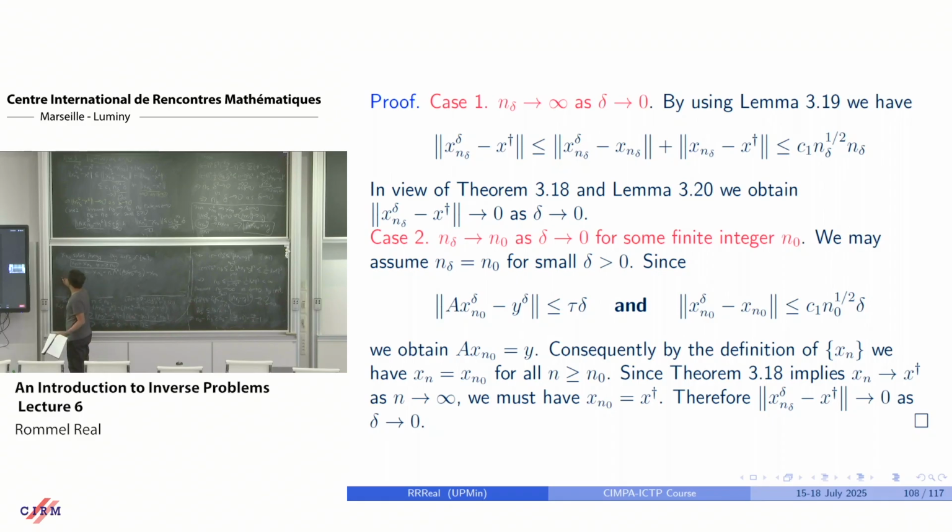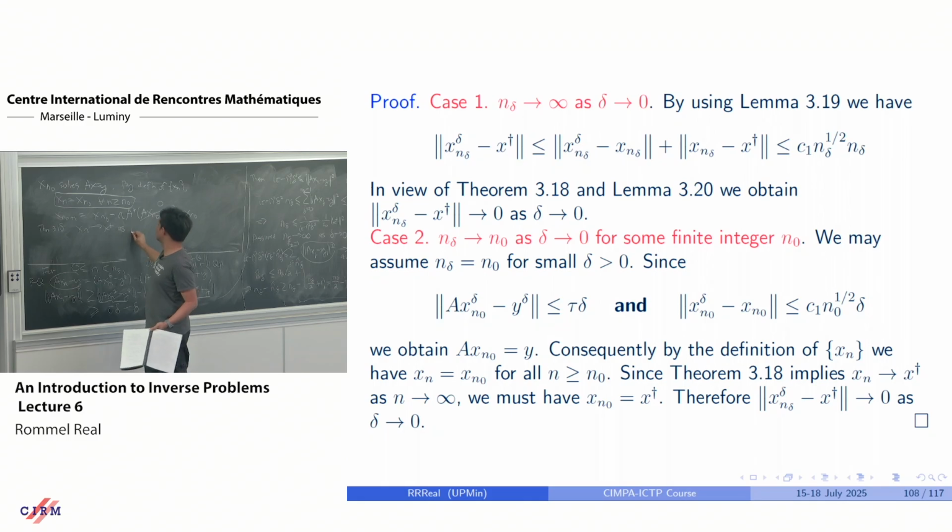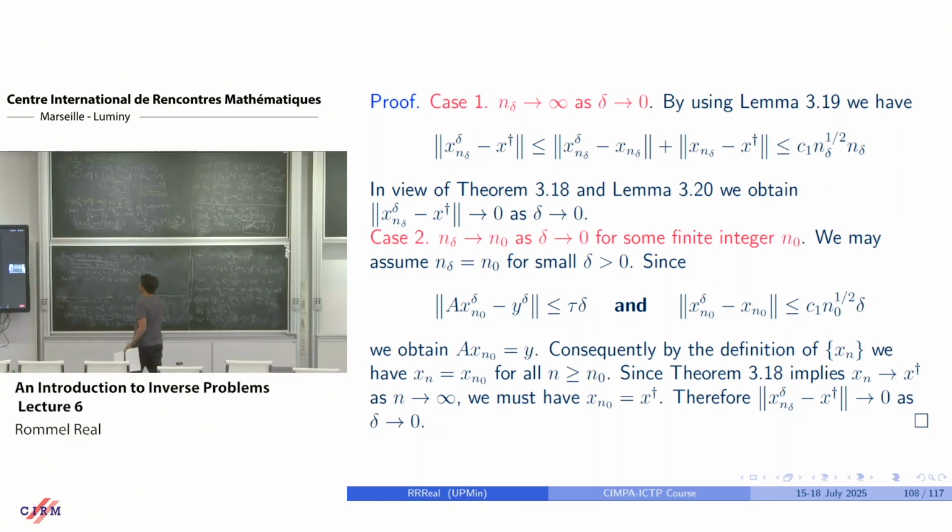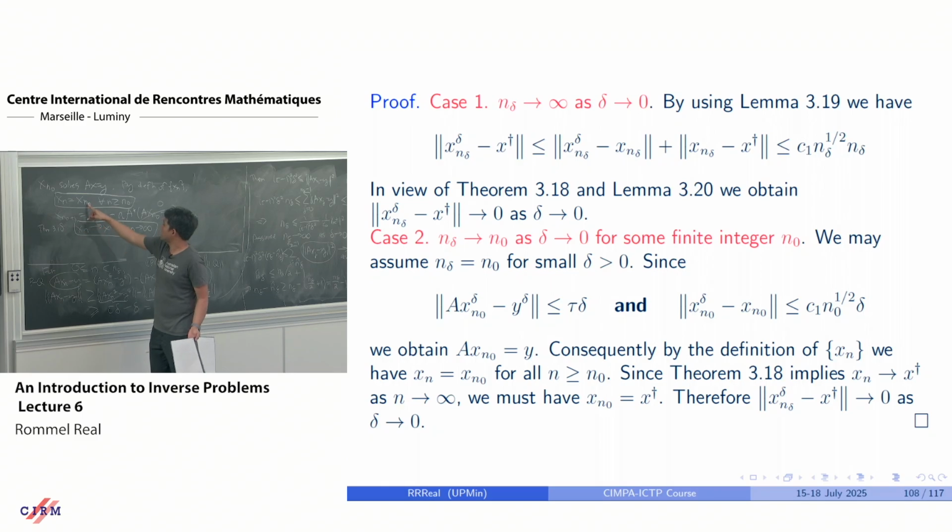All right? And also by Theorem 3.18, we know that x sub n goes to x dagger as n goes to infinity, right? And note these two results here. This tells us that x sub n sub O must be equal to x dagger.